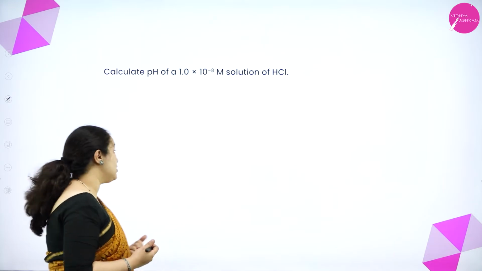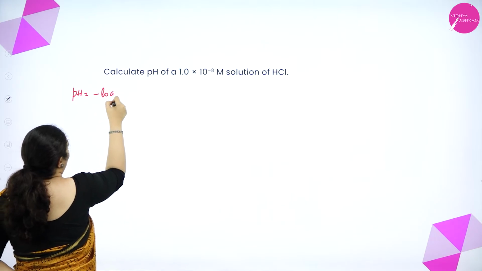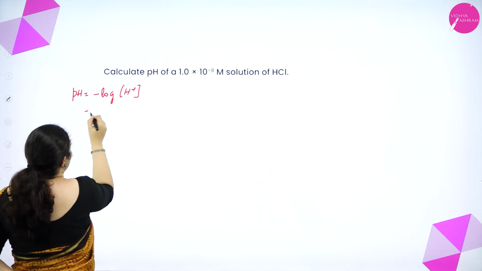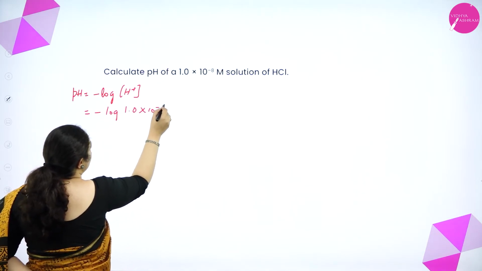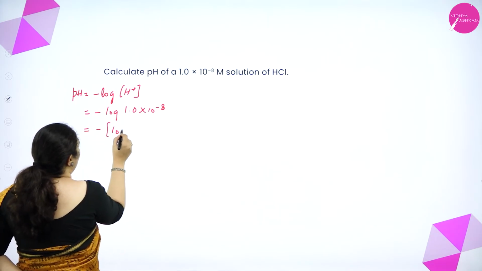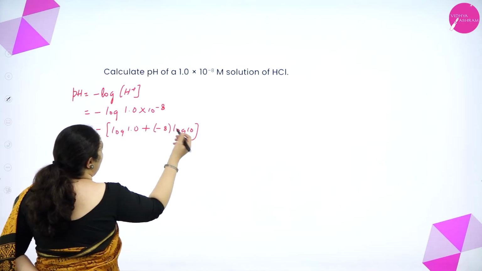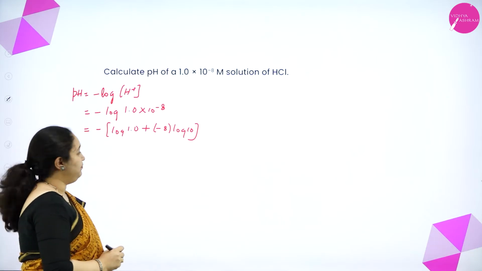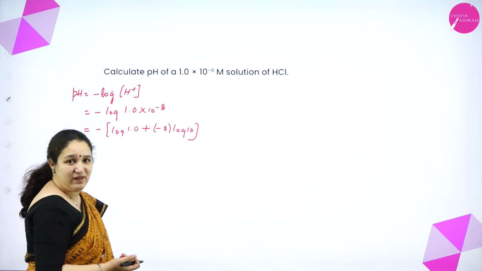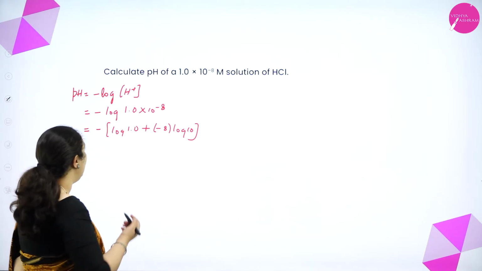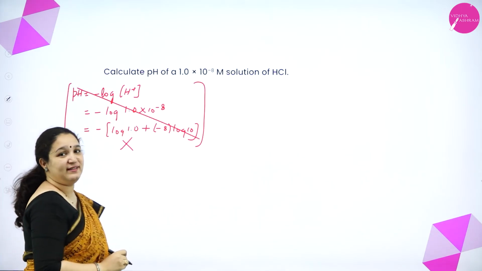Shall we solve it? pH is equal to negative logarithm of H plus ion, which will be negative logarithm of 1.0 into 10 to the power minus 8, and this will be log of 1.0 plus minus 8 log 10. Log 10 is 1, so it will come 0.1 minus 8, so you will get somewhere above 7. The pH will come above 7 here, and if you solve by this method, it is wrong. It should not be done that way.